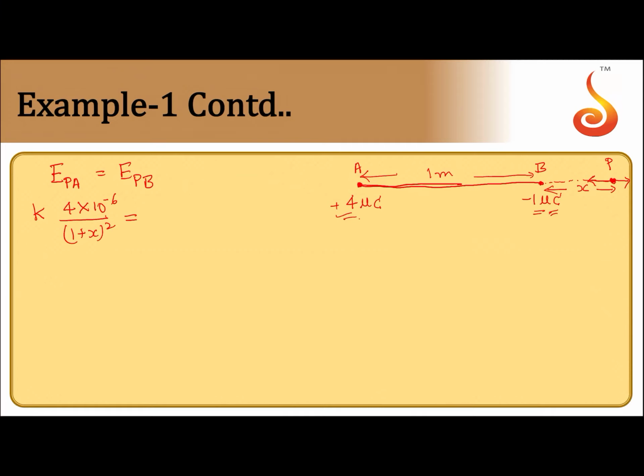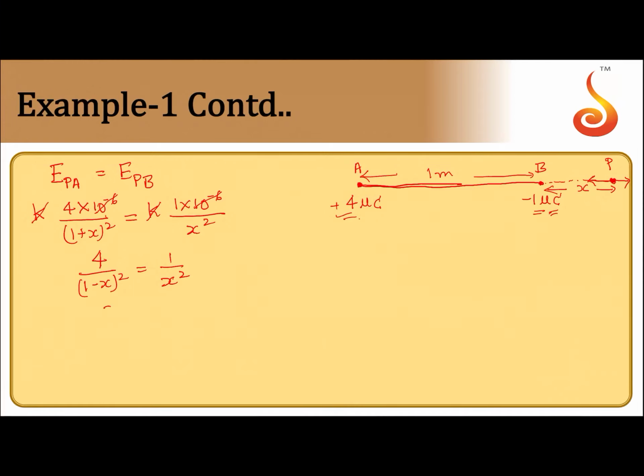That is equal to field due to charge B, so it should be K into 1 into 10 to the power minus 6 divided by x square. Don't take the minus sign because already we have taken care of the directions. That's why we are equating the two fields. Now 10 power minus 6 gets cancelled, k gets cancelled. Now you are left with 4 divided by 1 plus x whole square is equal to 1 by x square.